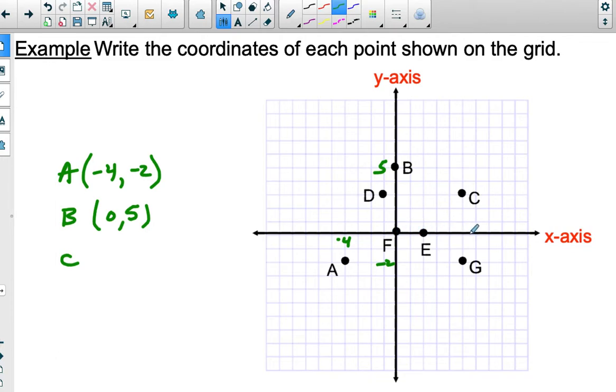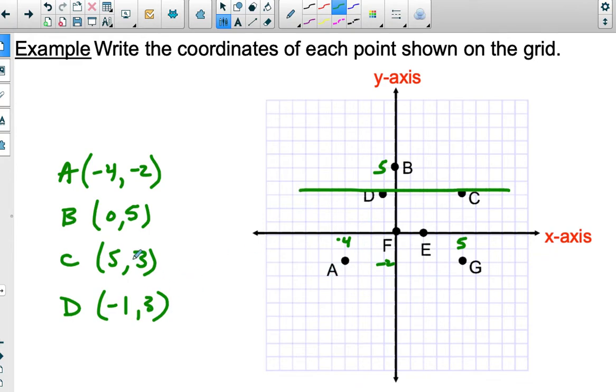If we go across to 5 on the x-axis and up to 3 on the y-axis, we get C. D would be if we go left 1 on the x-axis, so we go to -1 and up to 3. And you'll notice that C and D are both at the same level. They are both 3 on the y-axis.